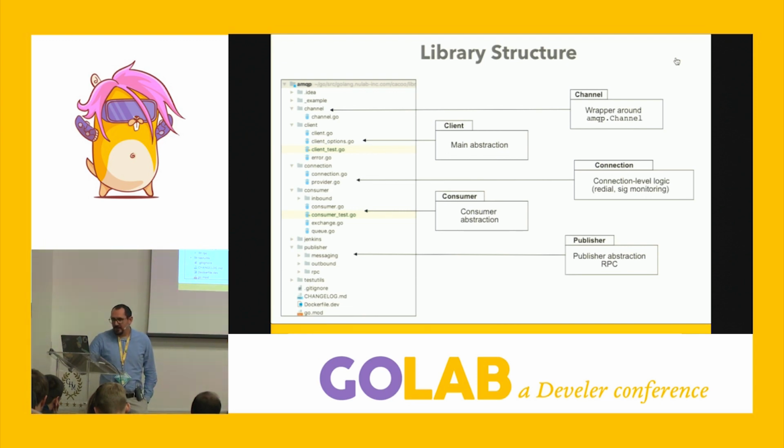And then we have the two packages, consumer and publisher, which implement the big interesting logic about consumers actually. So how to read messages from the MQ and how to publish them, including the RPC package, which, as I said, we needed to keep for legacy reasons.